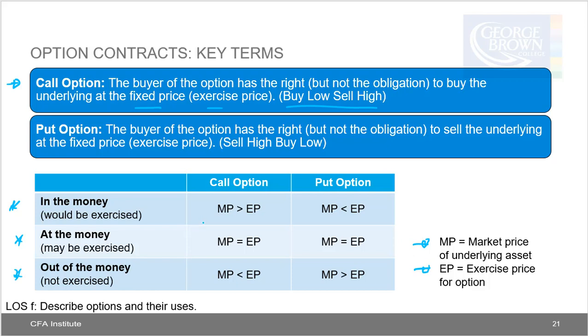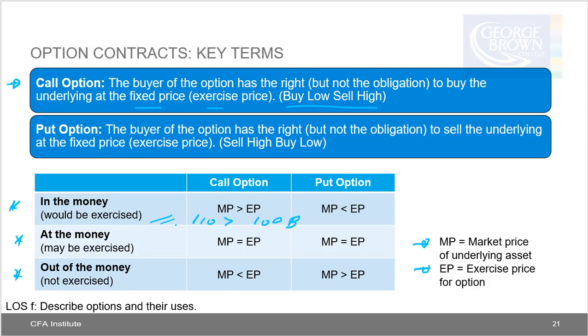And if I'm buying a call that gives me the right to buy something, I want to buy low and sell high. So for example, if the exercise price of a stock, the right to buy the stock, is 100, and that gives me the right to buy when I buy a call. If the market price is 110, which is above the exercise price, buy low, sell high, I'm going to buy at 100 and sell at 110.